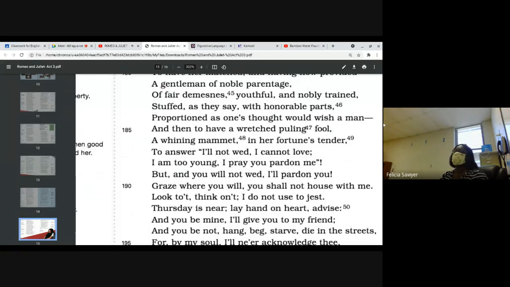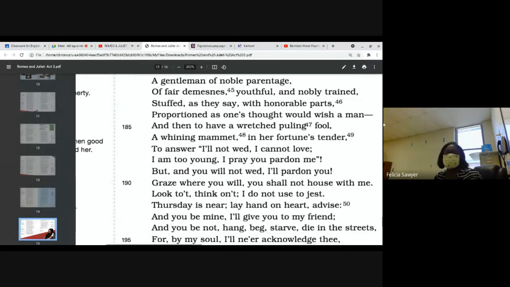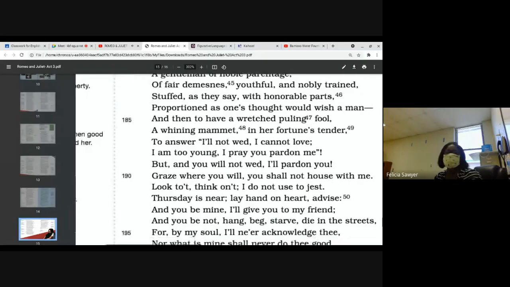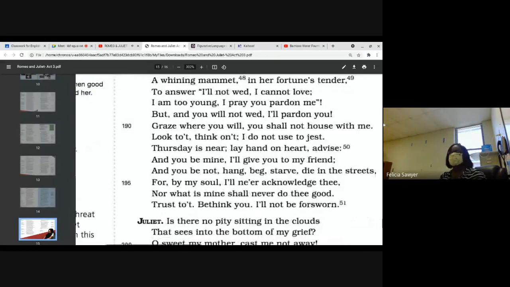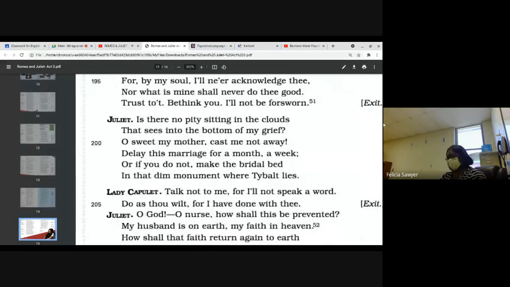But an you will not wed, I'll pardon you. Graze where you will, you shall not house with me. Look to't, think on't, I do not use to jest. Thursday is near, lay hand on heart, advise, an you be mine, I'll give you to my friend, an you be not, hang, beg, starve, die in the streets, for by my soul I'll ne'er acknowledge thee, nor what is mine shall never do thee good. Trust to't, bethink you, I'll not be forsworn.